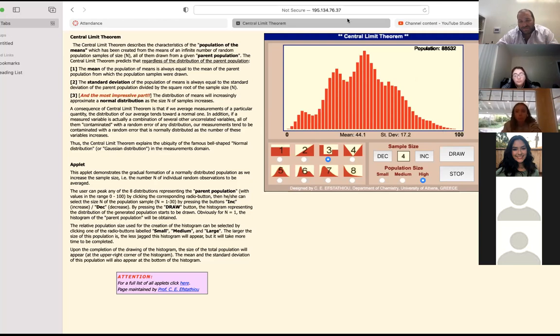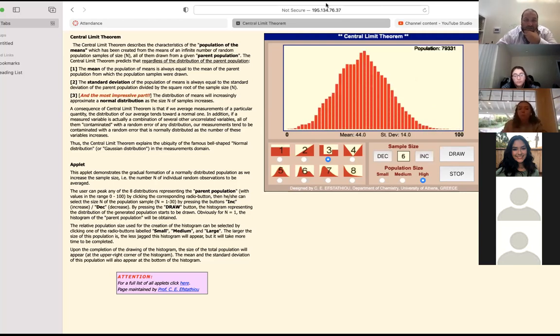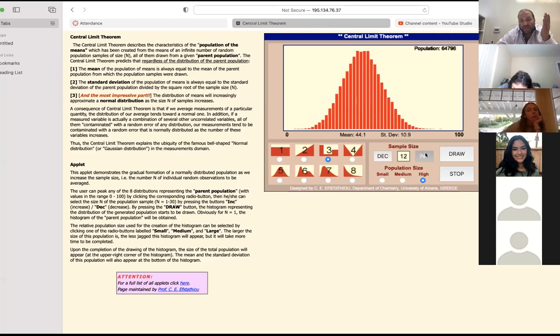Not yet. If we go to 5, if we go to 6, by 6 it's kind of getting there. 7, 8, oh, by 8, it's like, oh yeah, that's a nice bell curve. 10, 13, 17, look at that, right?